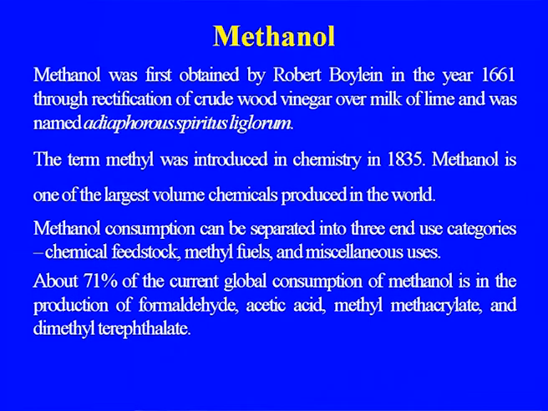Methanol is one of the largest volume chemicals produced in the world. Methanol consumption can be separated into three use categories: chemical feedstock, methyl fuels, and miscellaneous uses. About 71% of the current global production of methanol is in the preparation of formaldehyde, acetic acid, methyl acrylate, and dimethyl terephthalate.